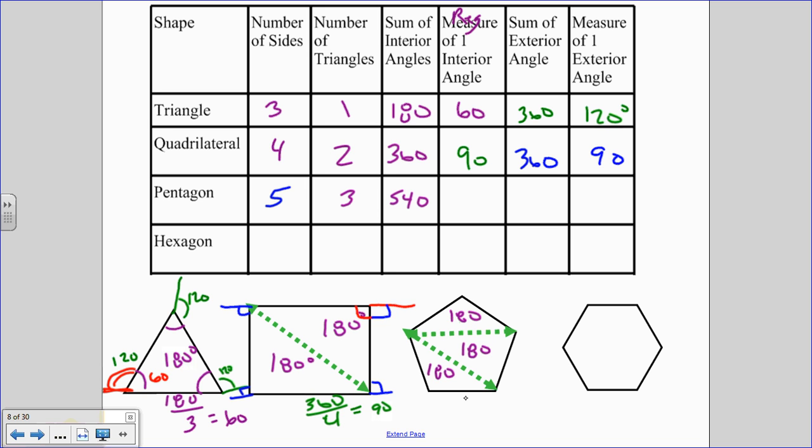And so I would take 540 divided by 5 to figure out the measurement of the interior.